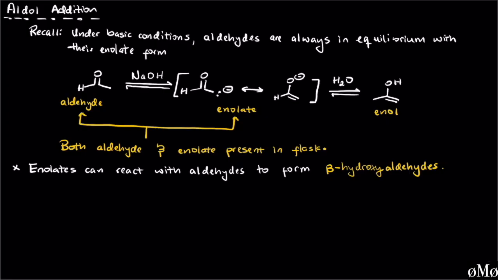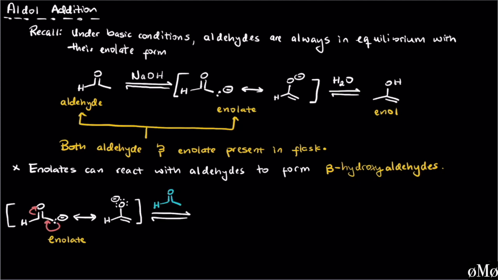And so your enolate can react with your aldehyde to form a compound called a beta-hydroxy aldehyde. Let's go over what that would look like. Here's your enolate, which by definition is a resonance stabilized anion. Your enolate can act as a nucleophile and attack another aldehyde in the flask, so I'm highlighting that in blue.